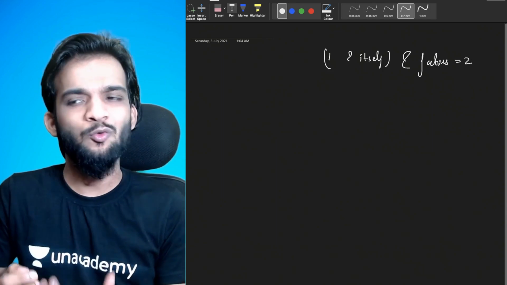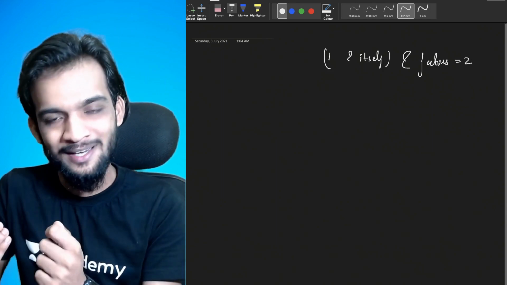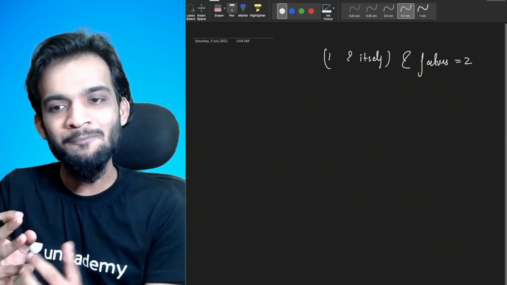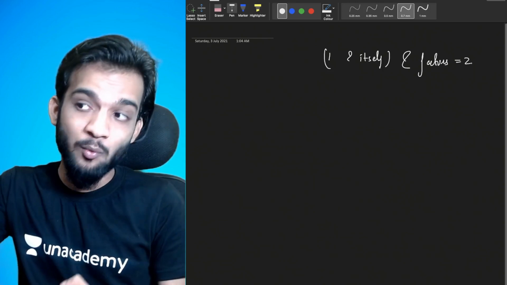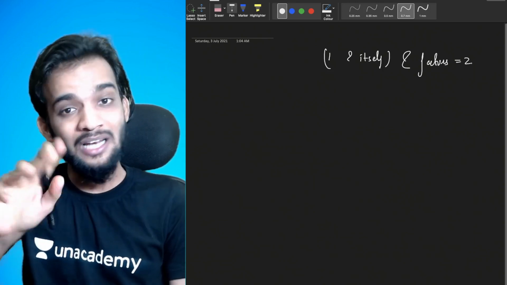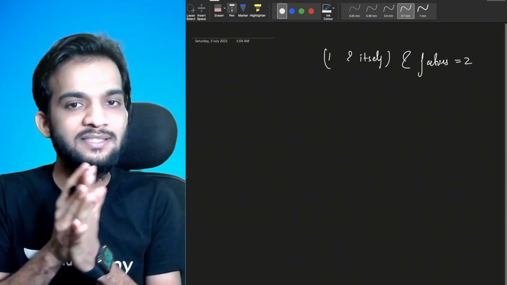You'll be like, why? If a number is 1, I can also say it's divisible by 1 and itself, which is 1. So that is why, in order to better the definition, I can say it's divisible by 1 and itself, and the number of factors should be 2. You'll be like, yes, that is correct.